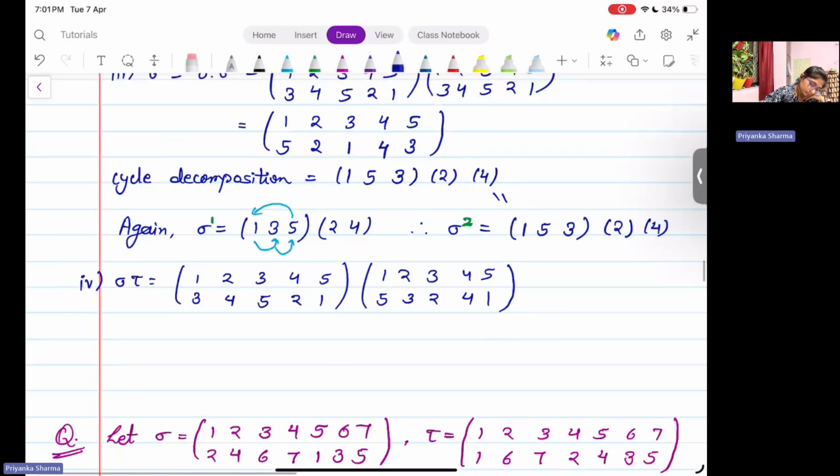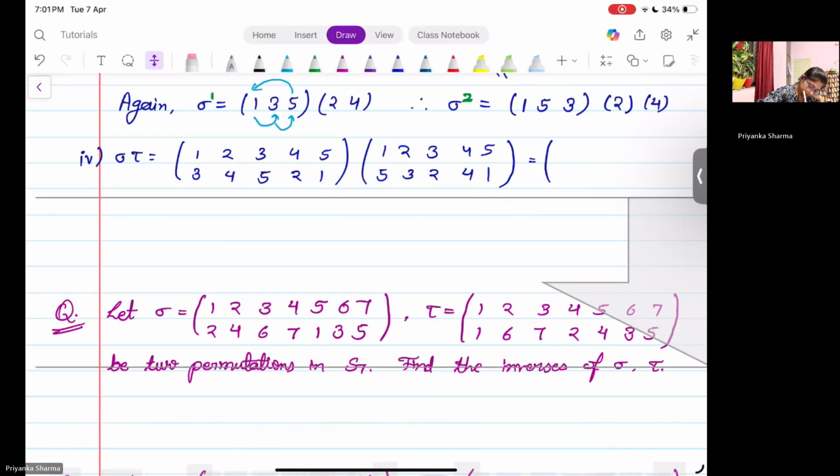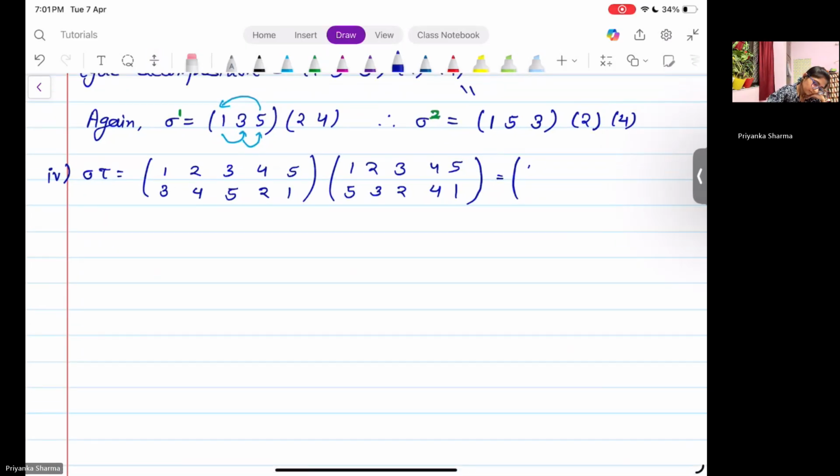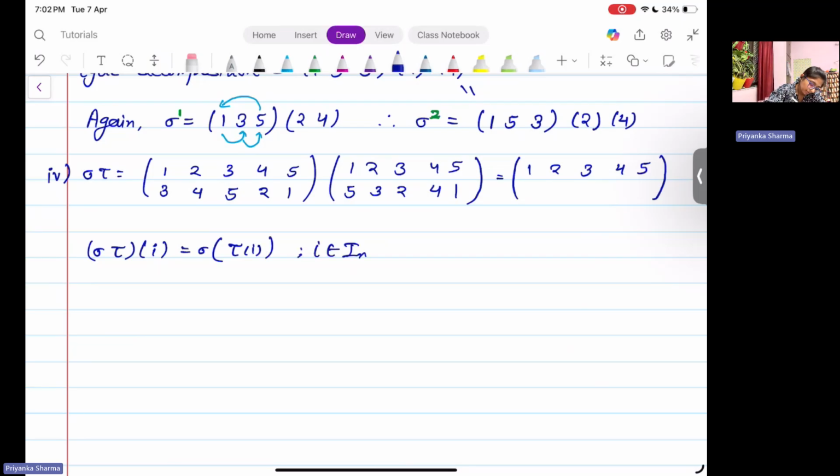Okay, so this will be 1, 2, 3. So sigma tau means this is actually sigma tau of some I, which is sigma of tau of I, where I belongs to I5.